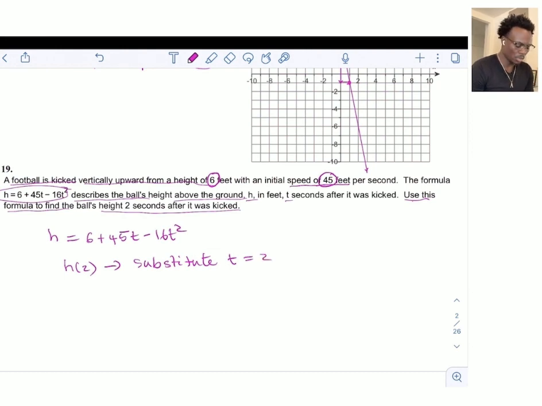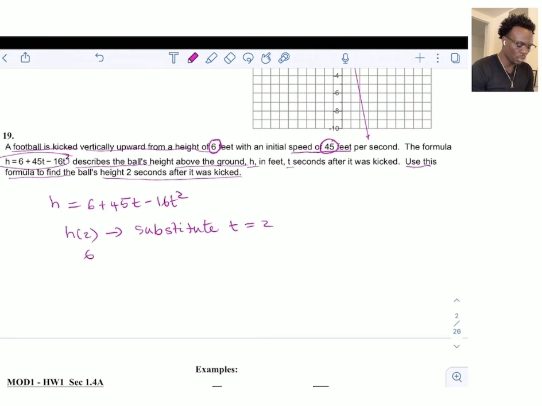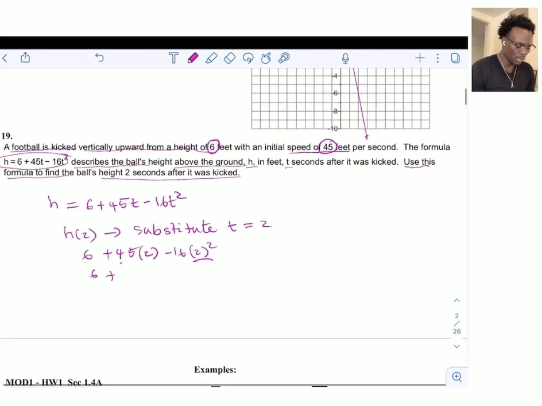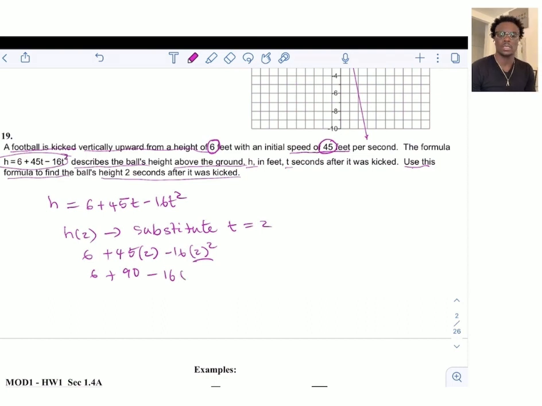So the height is going to be 6 plus 45 times 2 minus 16 times 2 squared. You need to remember PEMDAS. You need to do the exponent first. So that's 6 plus 90 minus 16 times 4. You cannot do 16 times 2 and then square it. You should take the square first and then multiply 16 and 4.